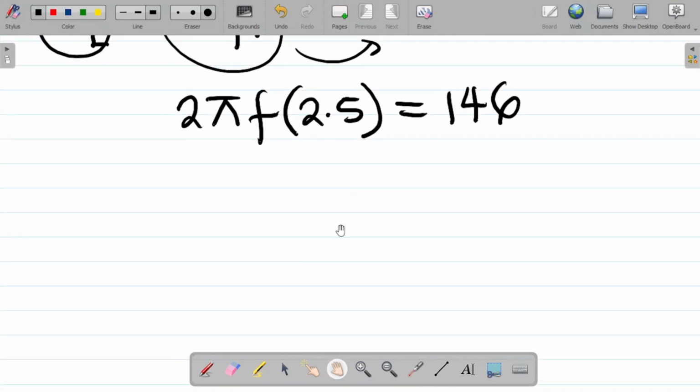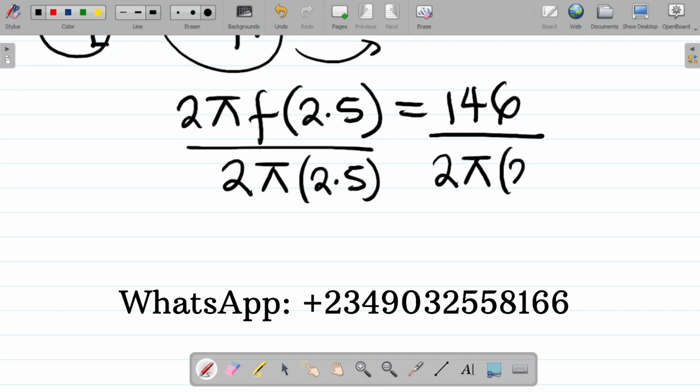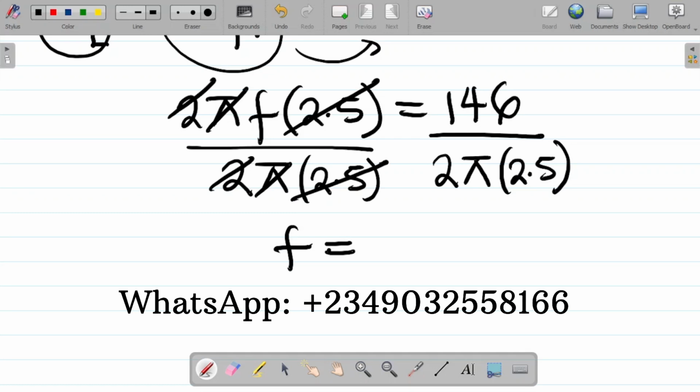Let's get the value of f. To get the value of f, I'll divide here by 2 times pi times 2.5. So 2 cancels 2, pi cancels pi, 2.5 cancels 2.5, and f is equal to 146 divided by 2 times pi times 2.5.